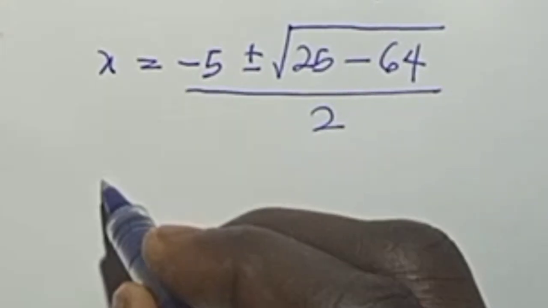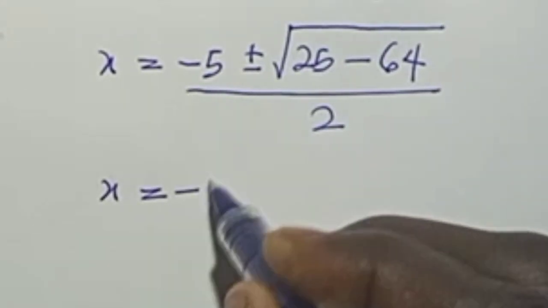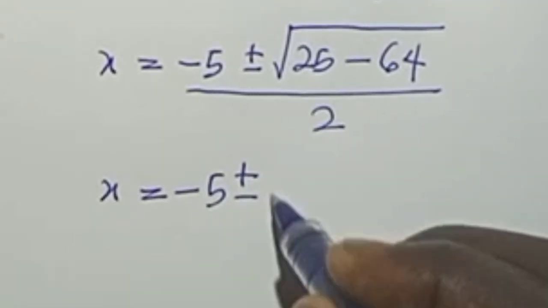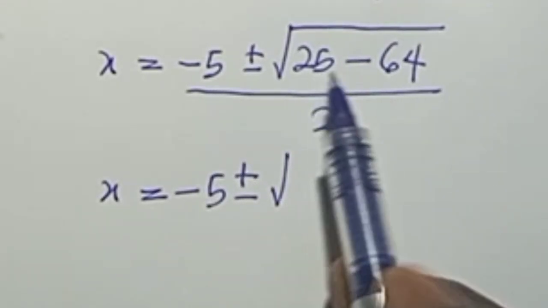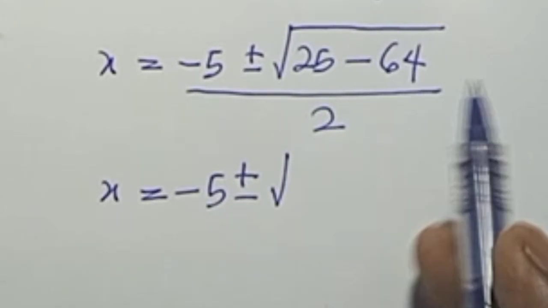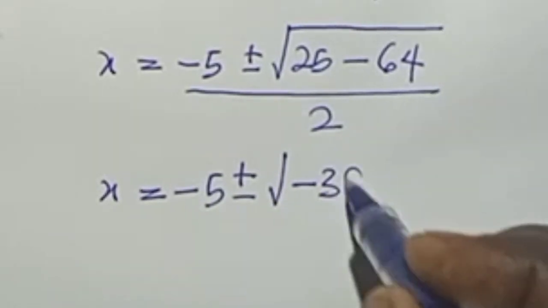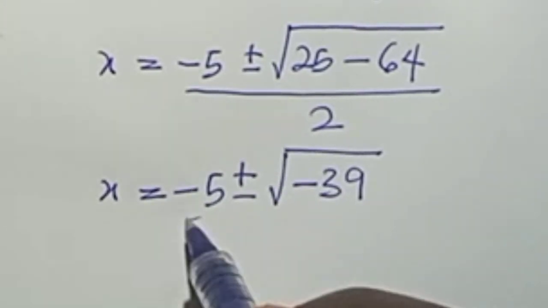So if we solve further, we're having s equals minus 5 plus or minus the square root of 25 minus 64, that is minus 39, all over 2.